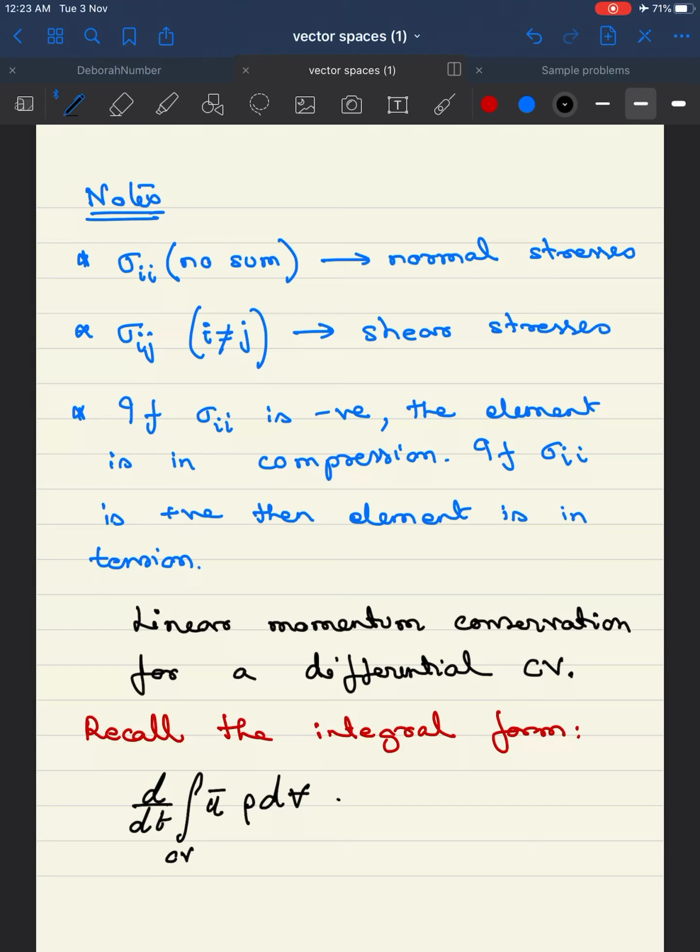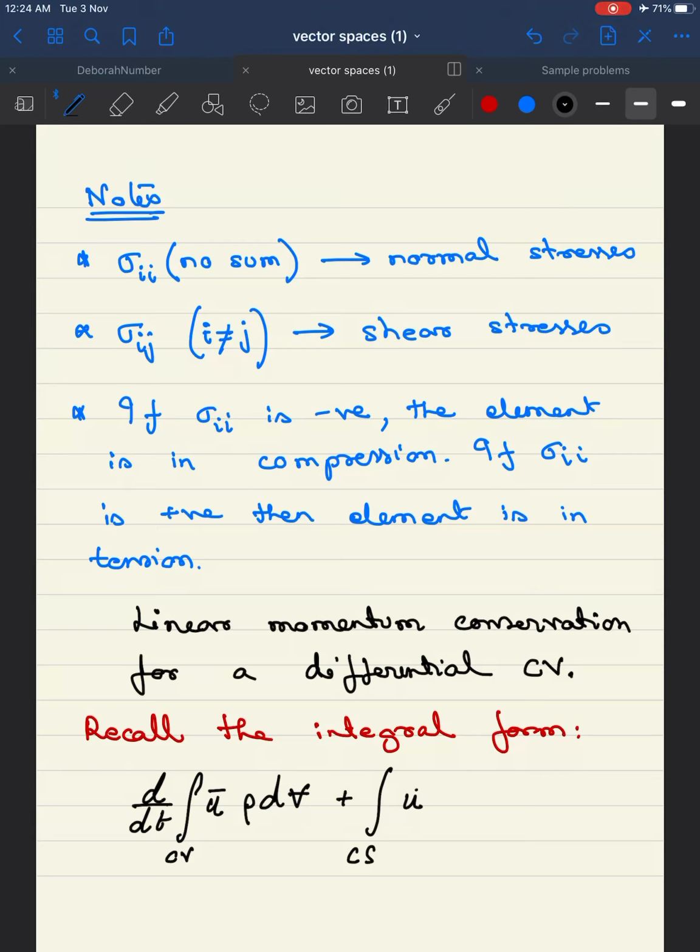In F equal to ma, you write F on the left hand side, but in fluid mechanics we end up writing the other term on this side, and we tend to write the force on the right hand side. That's just what people end up doing.